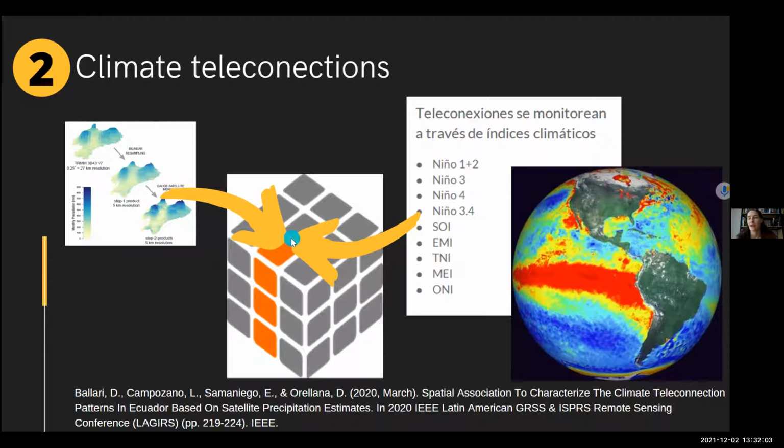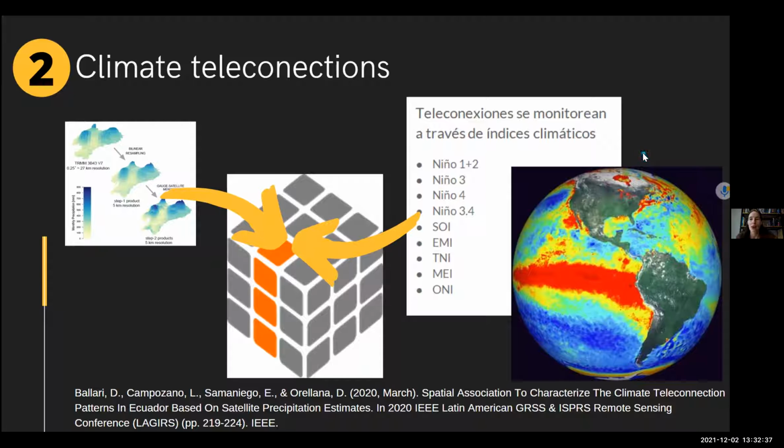These climate teleconnections are mainly formed based on different methods of correlation, and so we performed a correlation analysis of the time series pixel by pixel for different climatic indices, some of them related with the Pacific Ocean, but also from the Atlantic and even the Caribbean, that are found to have some relation to the precipitation in Ecuador.